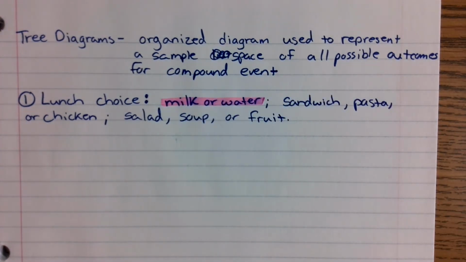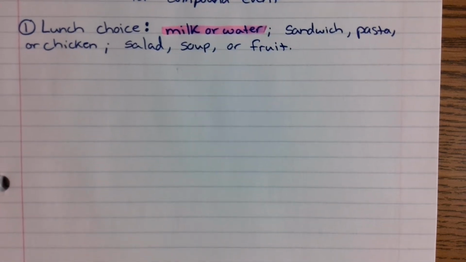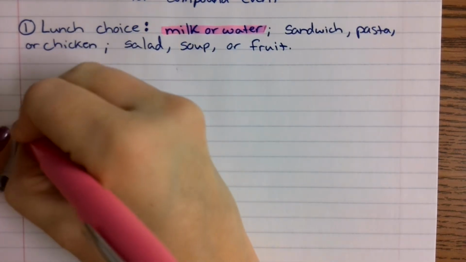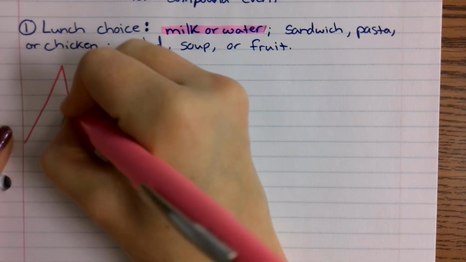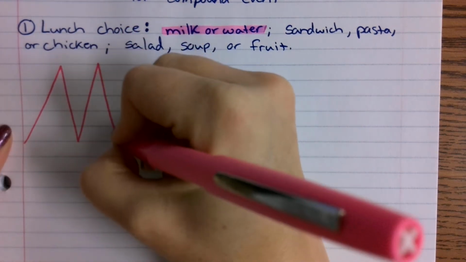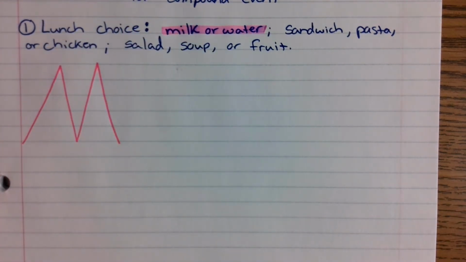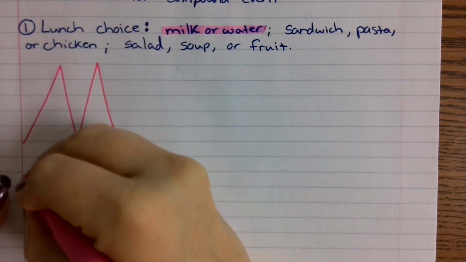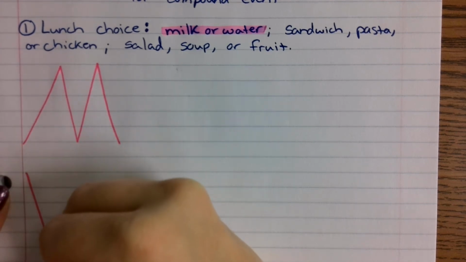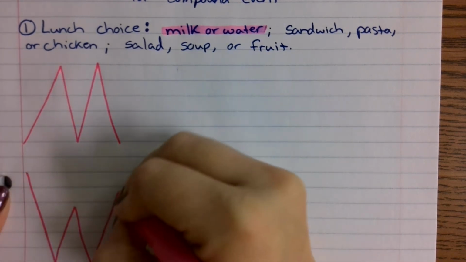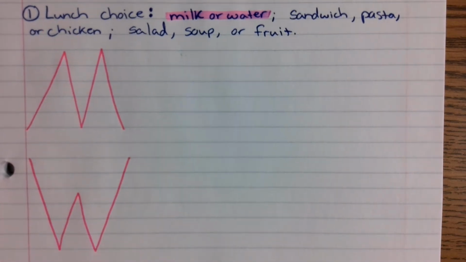So for our drink choice, we have two possible outcomes. We can have milk, and I'm just going to put M to represent milk. Or we could have water. I'm going to put W to represent water.